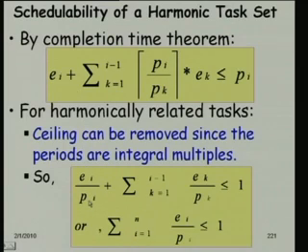So, for the ith task, we need to check whether Ei by Pi plus the sum over k equal to 1 to i minus 1 of Ek by Pk is less than or equal to 1. Since the ceiling is removed, we can bring this inside and change the limits here. We can write the sum over i equal to 1 to n of Ei by Pi is less than or equal to 1.